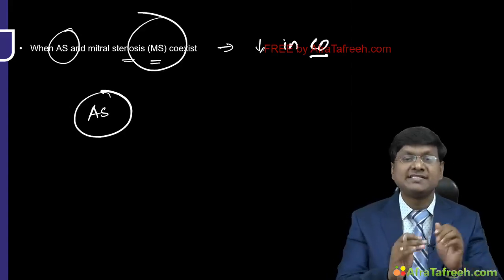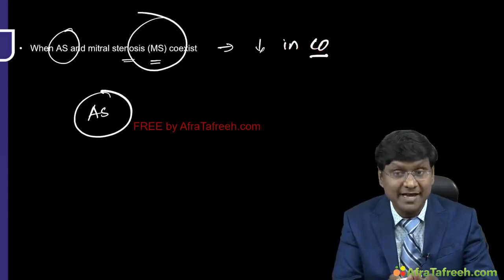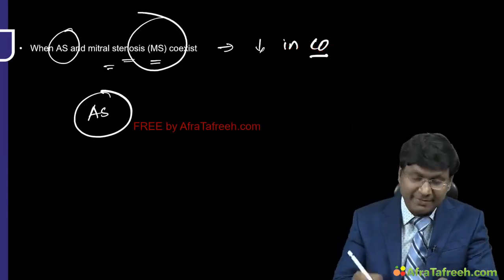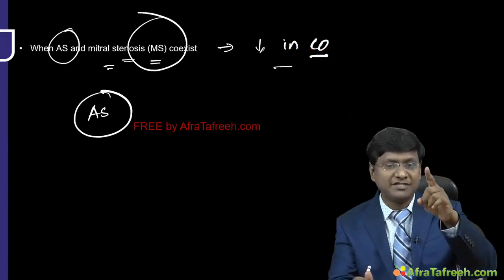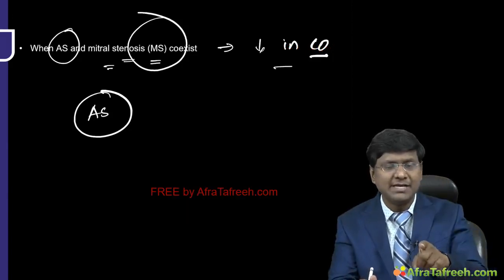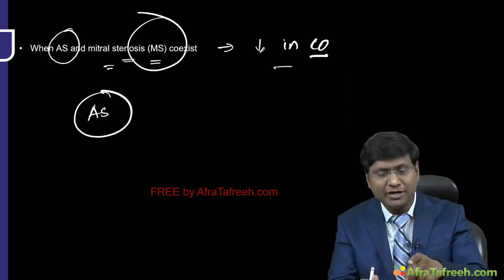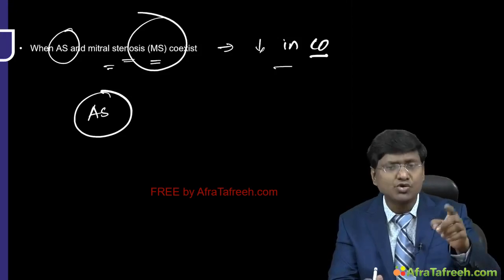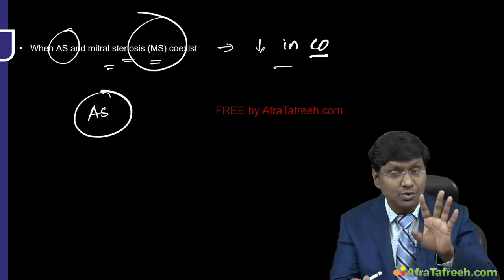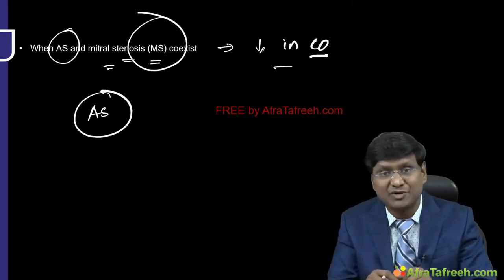I'll repeat again: if there is associated mitral stenosis, there will be a decrease in the cardiac output. Why? Because the amount of blood moving from LA to LV will be reduced, and because of obstruction, even the blood that has come into the LV from LA does not go into the aorta, so there will be a significant decrease in your cardiac output.